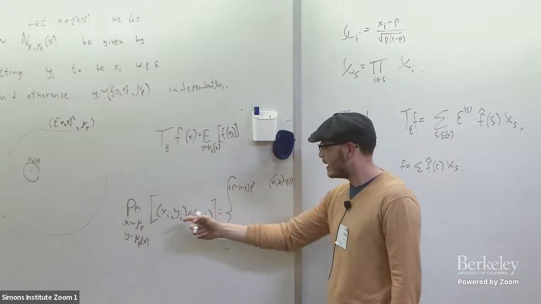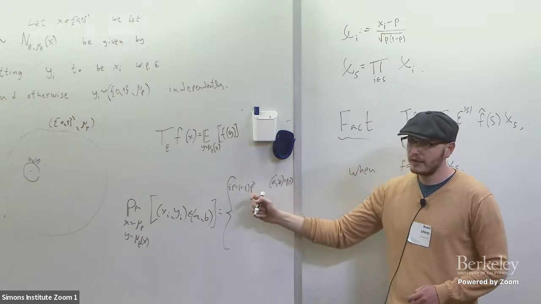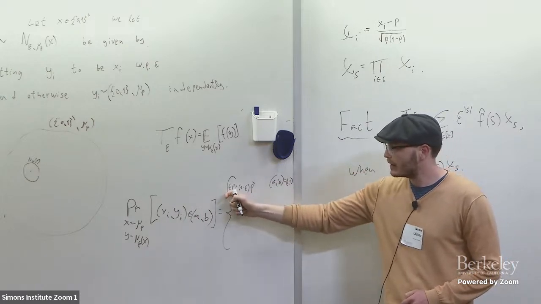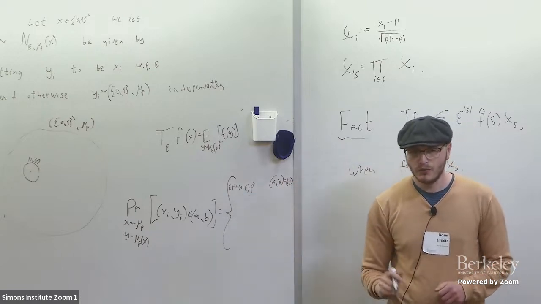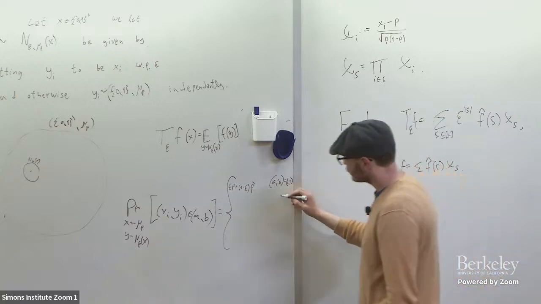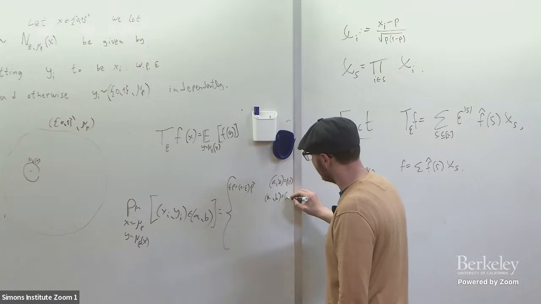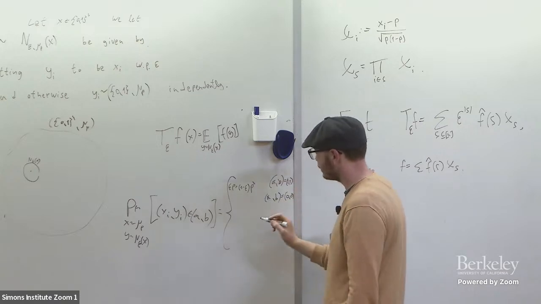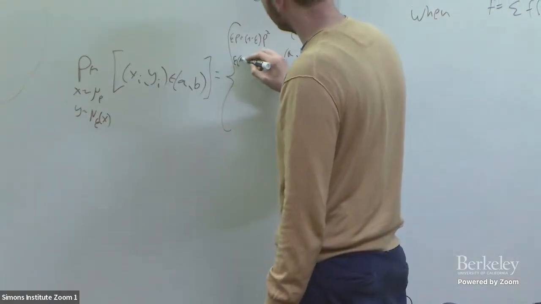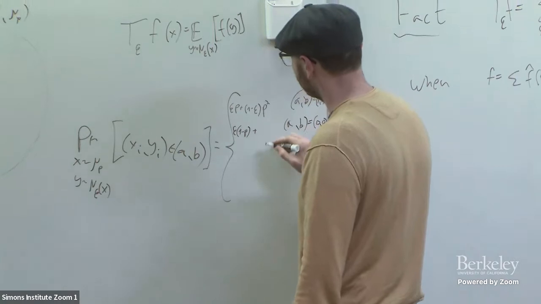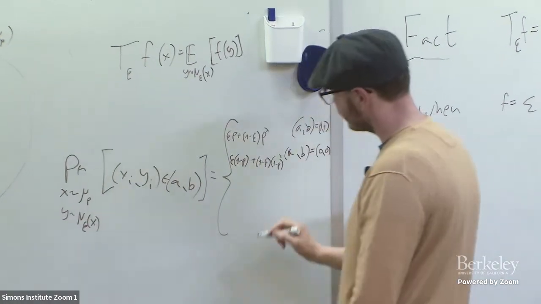So we first need x_i to be 1, and then for y_i, either we remembered x_i with probability epsilon, or we forget it, and then we have to be lucky and choose it again with probability p. And we have this probability of (0, 0). This is going to be epsilon (1 minus p) plus (1 minus epsilon)(1 minus p) squared.